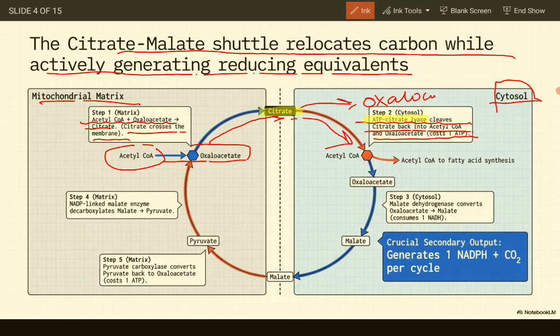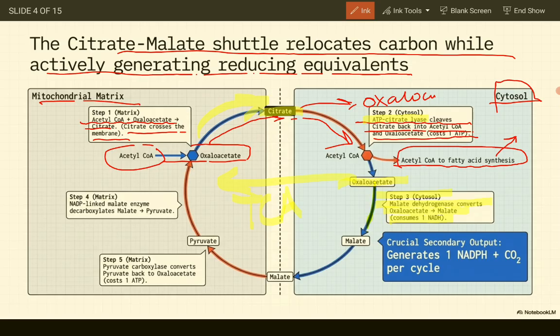This acetyl CoA then moves forward for the biosynthesis of lipids, while the oxaloacetate needs to go back inside the mitochondrial matrix again for the TCA cycle. So step 3 in the cytosol is malate dehydrogenase converting oxaloacetate into malate, consuming 1 NADH.